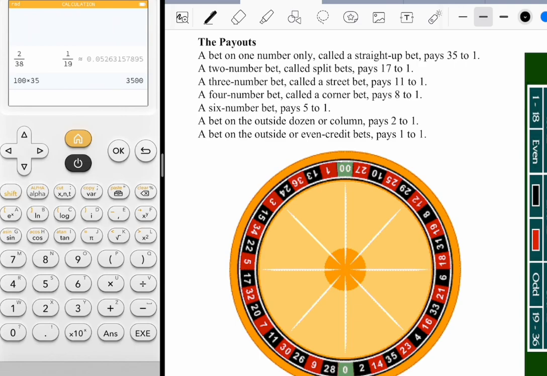So on average, out of every 38 spins, you could expect the number 2 to come up once. So if I were to bet $100 every single time for 38 trials, the best I could hope for is that I hit it on the first trial.